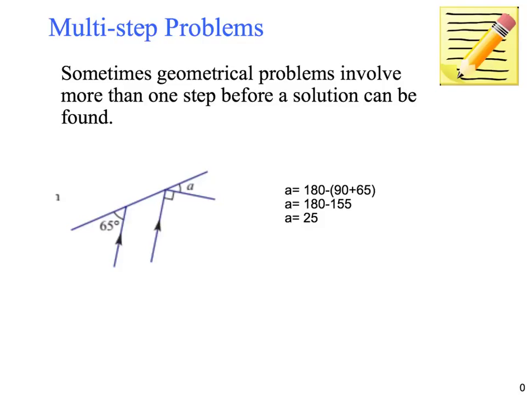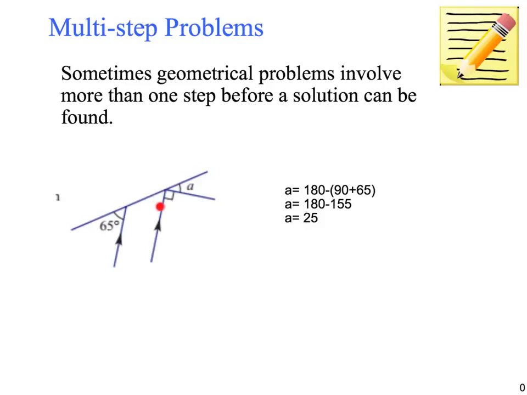Now, in this problem, you need to find what A equals. So that angle A, what is the value of that angle? Now, we don't really know yet because we still have to work out a couple of things. You can see they're working on the right hand side. We know that A plus this here is 90 degrees. We know that this symbol equals 90 degrees.